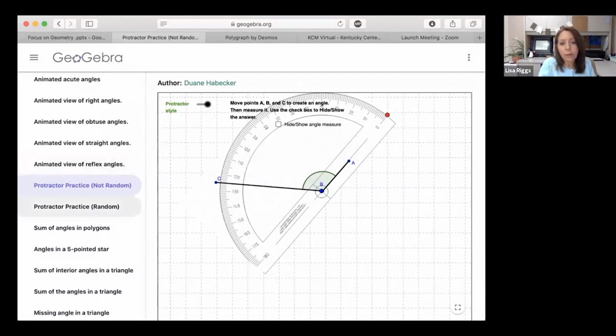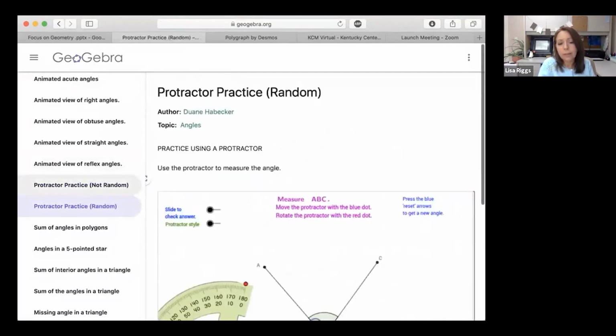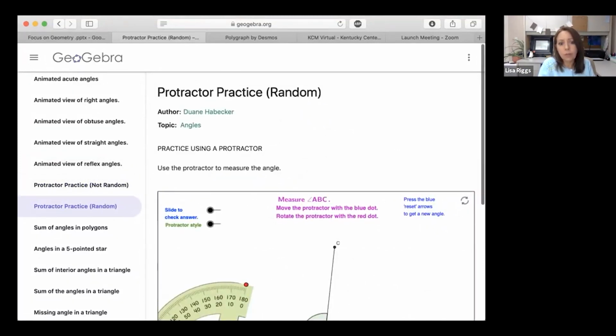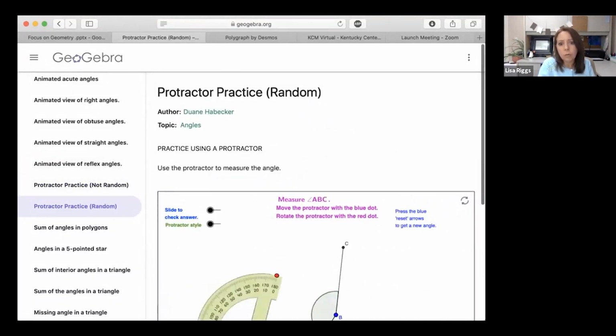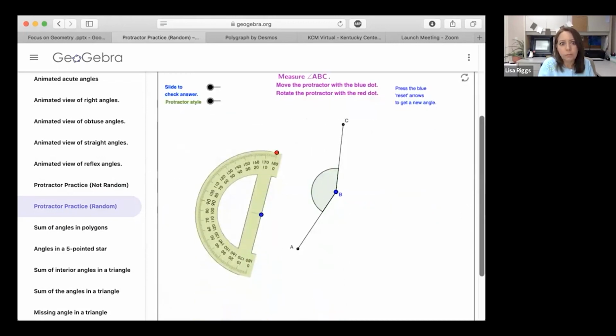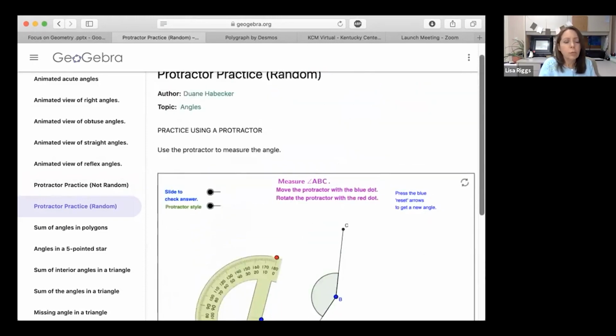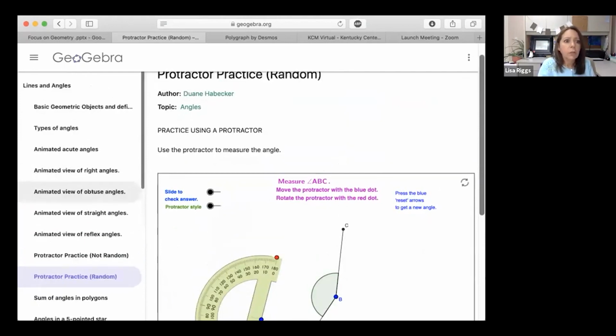And there's random practice too. So this one just gives them the actual angle that they measure. So it is kind of a neat thing. And GeoGebra has some other things too.